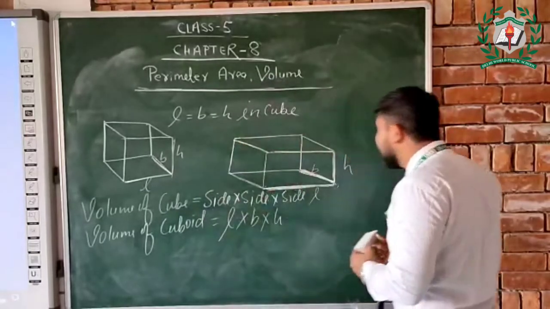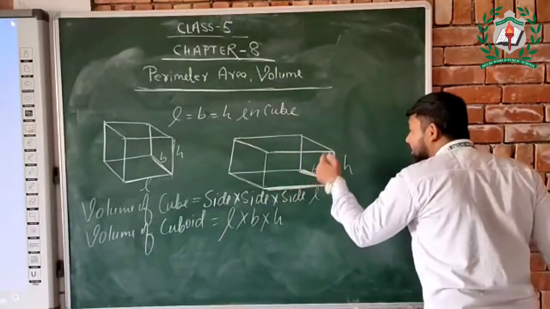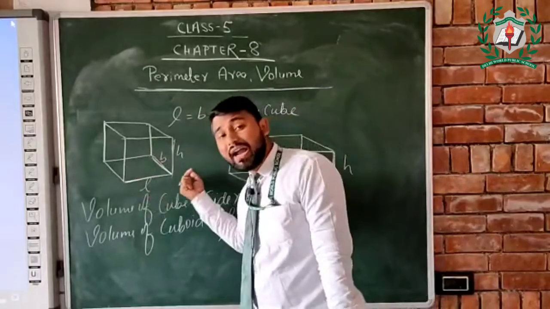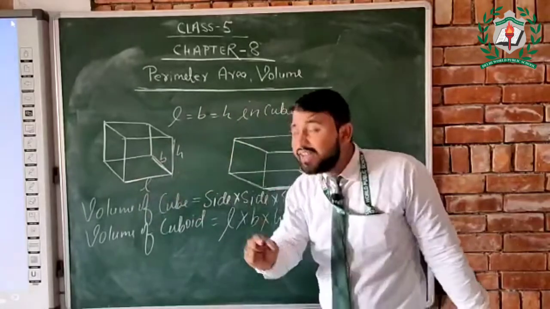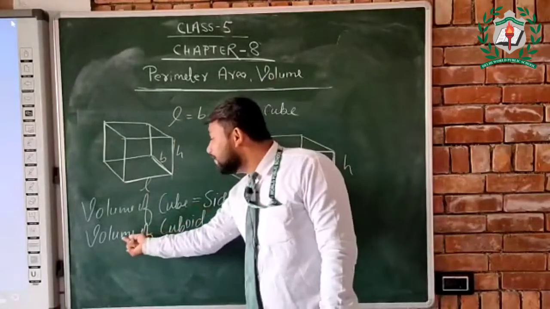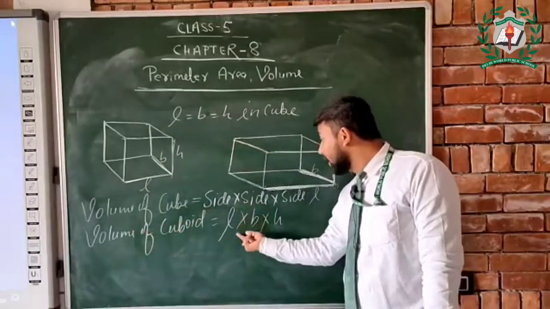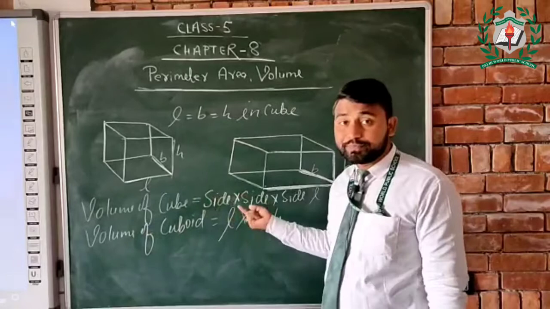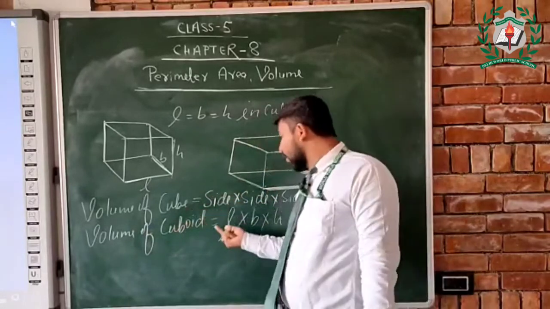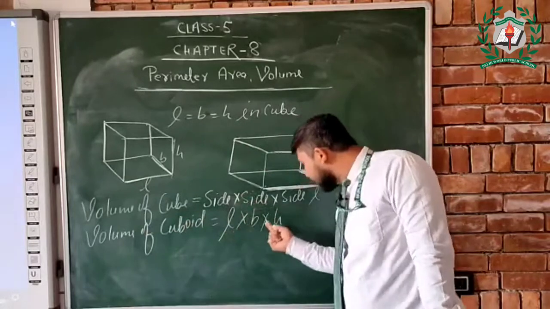So in cuboid there will be length, breadth and height. In cube there will also be length, breadth and height, but there is a condition: length is equal to breadth is equal to height. That is why the volume of cube is equal to side into side into side, and the volume of cuboid is equal to length into breadth into height.